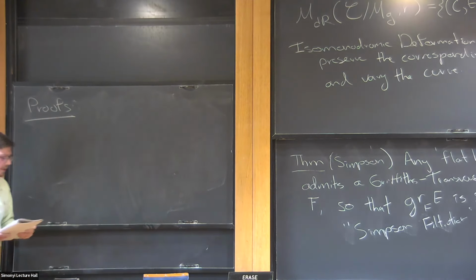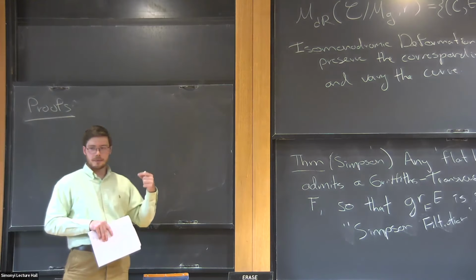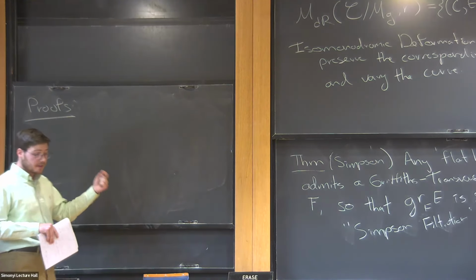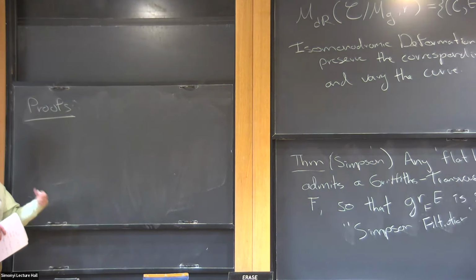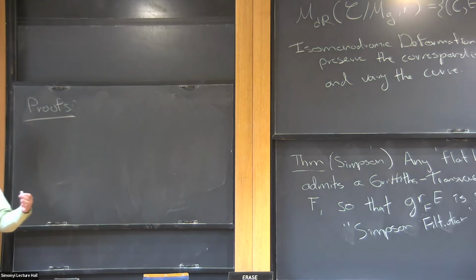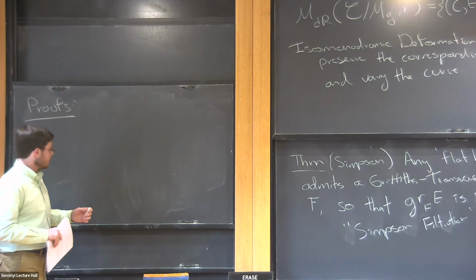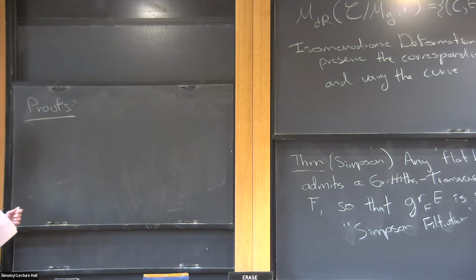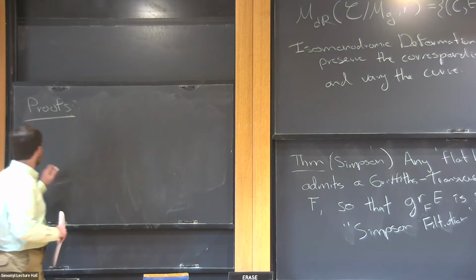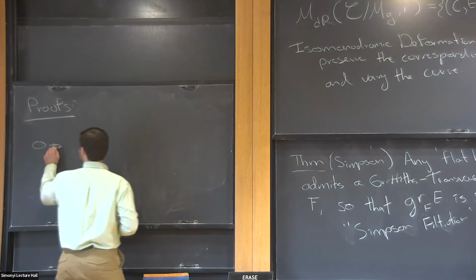So the point is, we have our vector bundle, and how do we parameterize infinitesimal deformations of the vector bundle? Well, that's with the H1 of the endomorphisms of the vector bundle, whereas parameterizing deformations of a curve is H1 of the tangent bundle. And Atiyah, in his paper on connections, gave a way to relate those 2 objects.